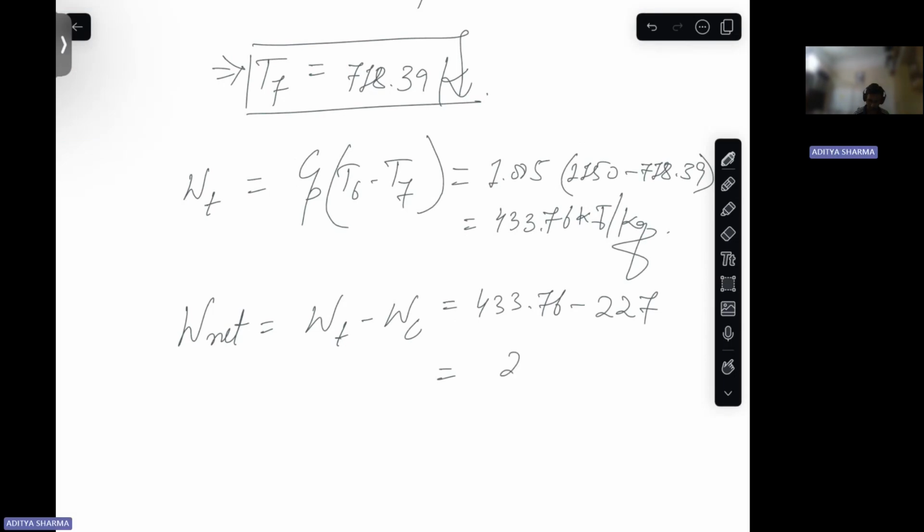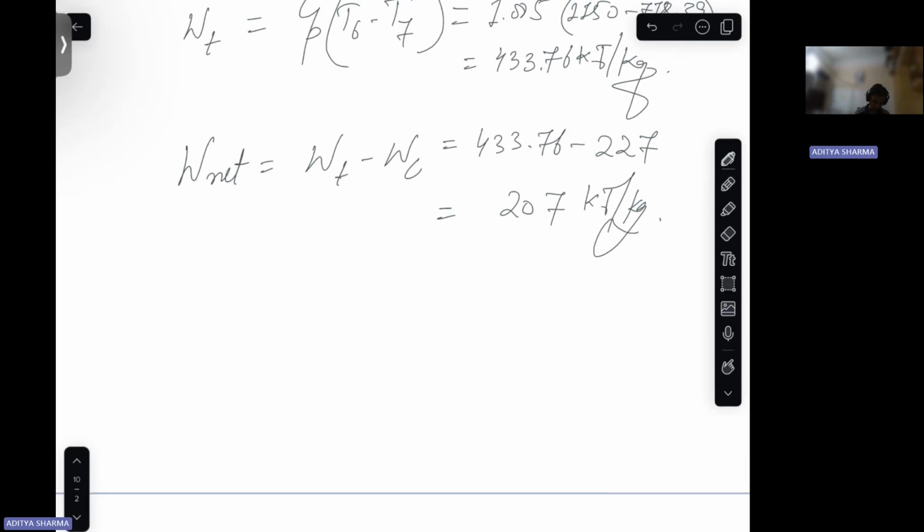So this will come out to be around 207 kilojoule per kg. Now we can find out work ratio.